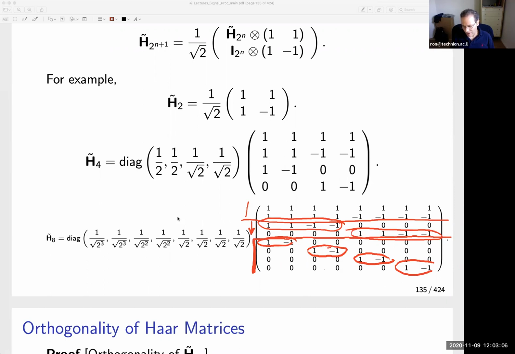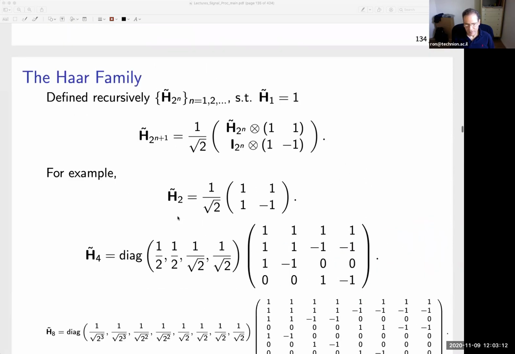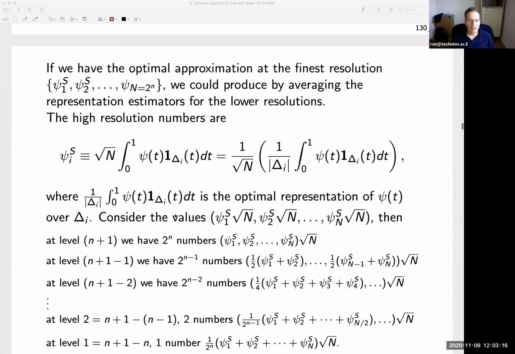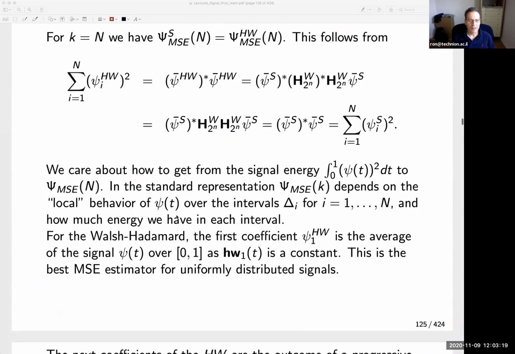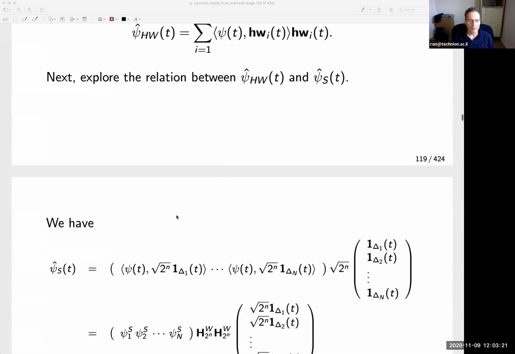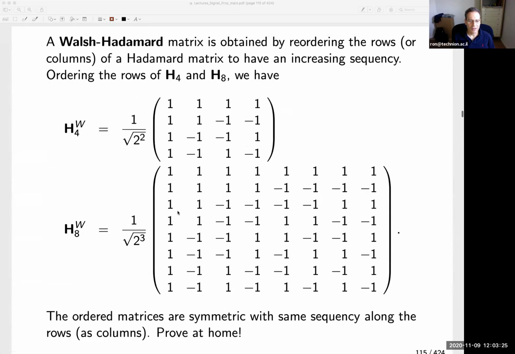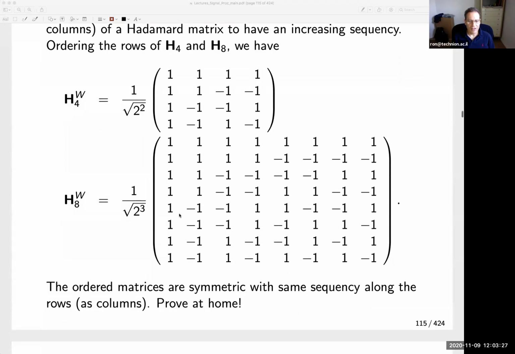Now, this is regarding the Haar functions. If we would go back into the previous ones, let's go back into the Walsh-Hadamard. Then here the story is a little bit more interesting, okay?